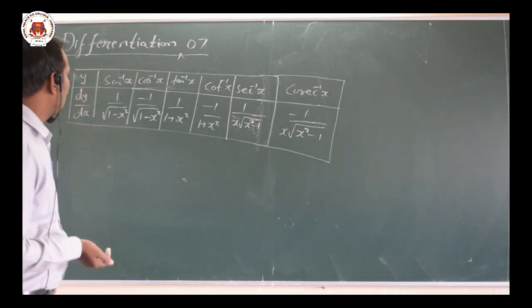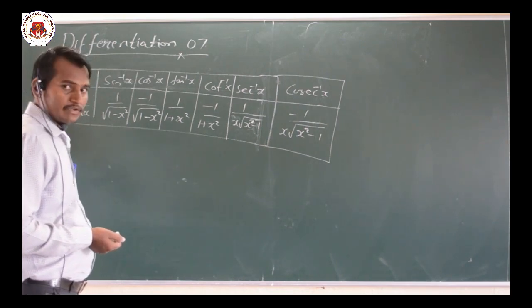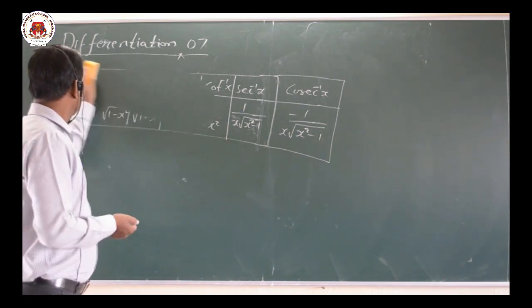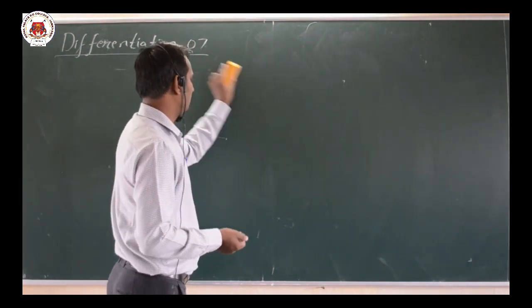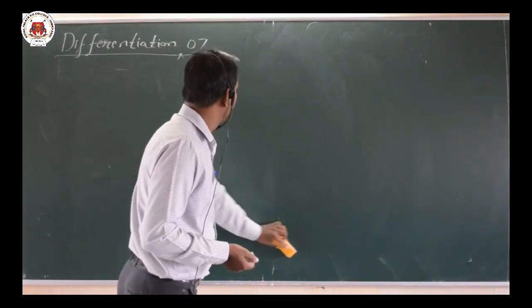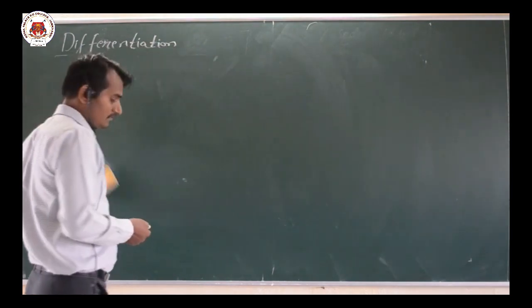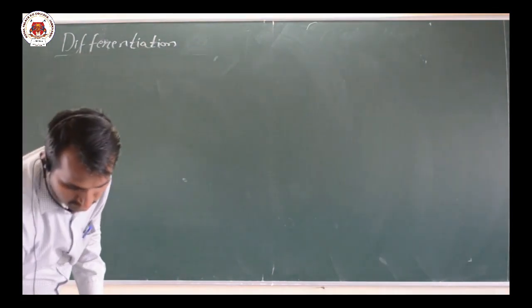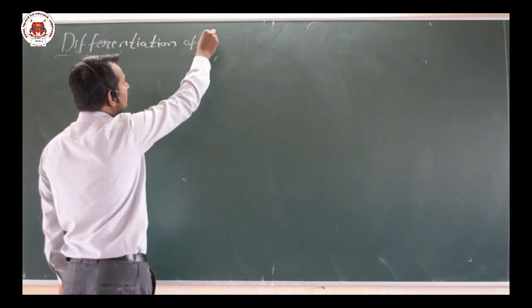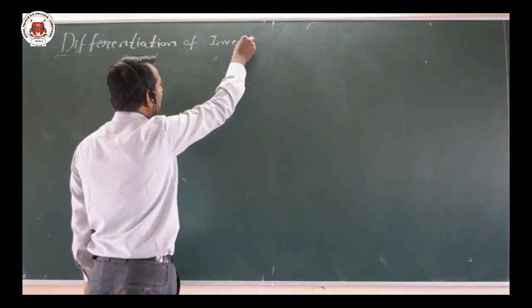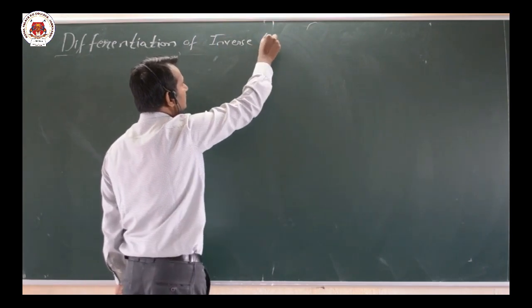Okay, dear students, now we shall continue with our problems related to differentiation of inverse trigonometric functions. Let us move on with the direct exercise problems. Exercise number 5.3, differentiation of inverse trigonometric functions.